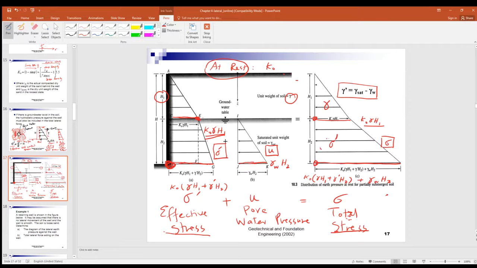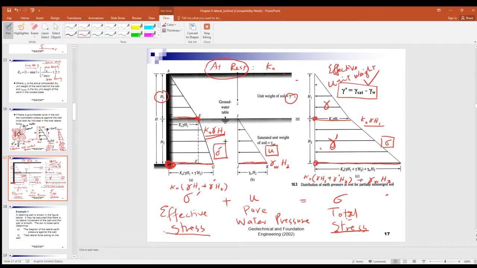So you have to use this equation: the saturated unit weight minus gamma W. Gamma W is the unit weight of water. You have to minus it. You get the effective unit weight, without water.